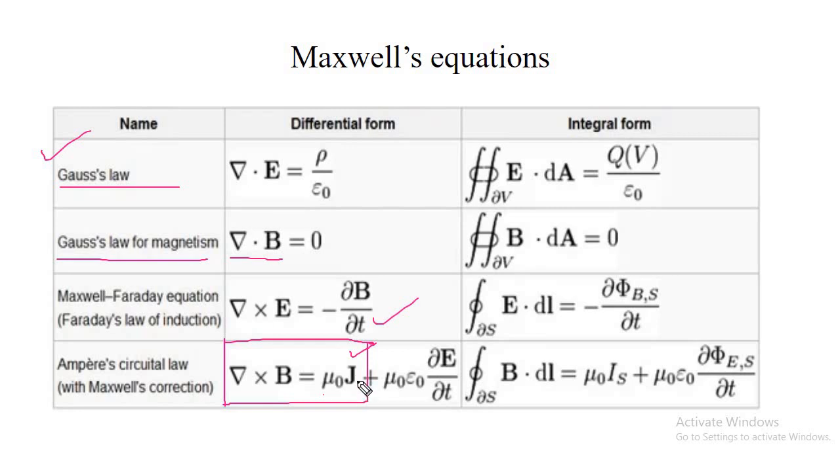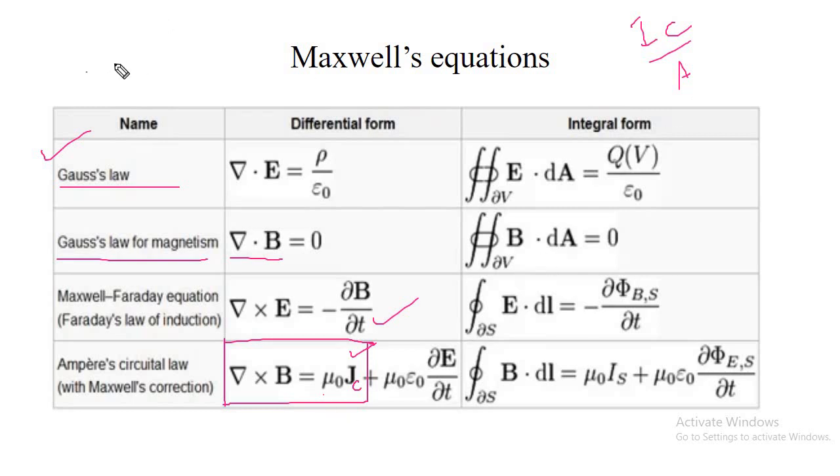This is applicable for JC. What is JC? JC is IC divided by the unit cross-sectional area. So we consider a unit cross-sectional area and how many electrons are passing. This is known as the current density.